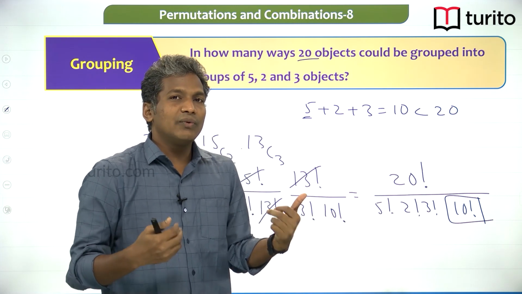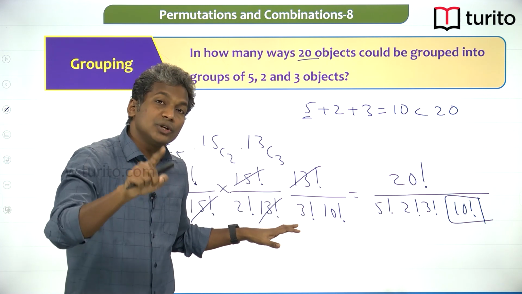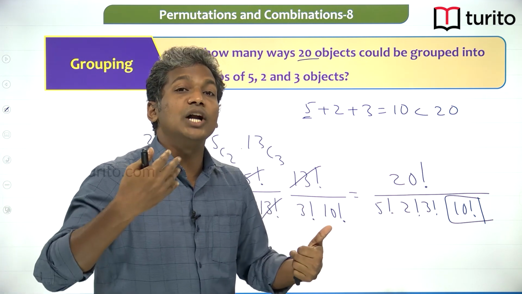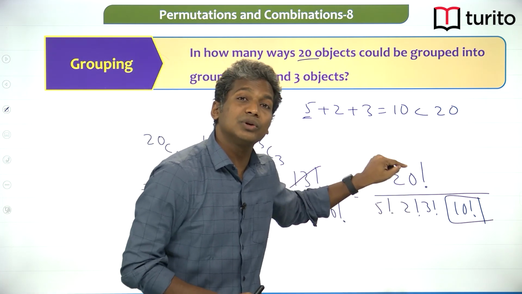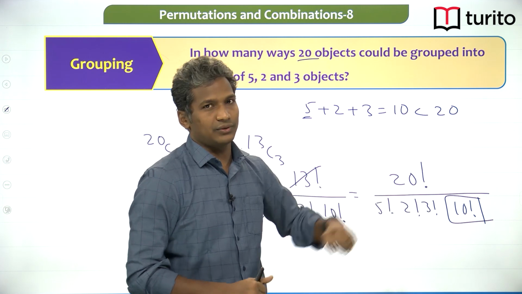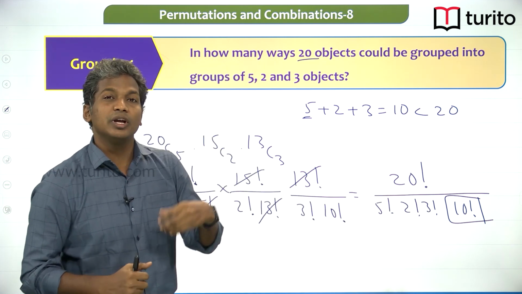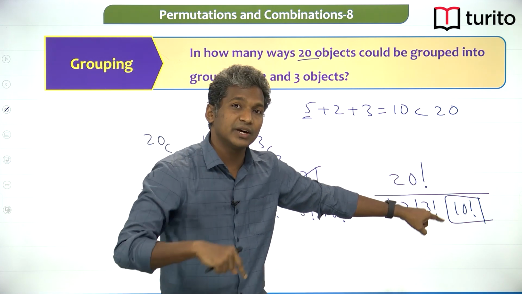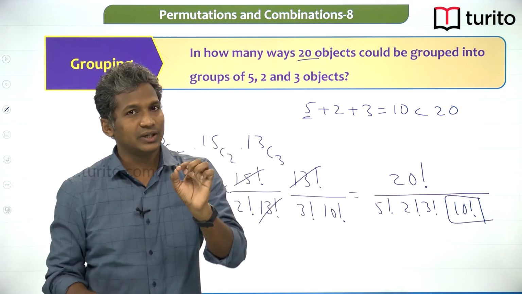Okay. So when you are applying the formula directly, you have to also understand that there could be another group which you are unknowingly forming. So you have to remember that and you have to counter it using that 10 factorial. So if you are going by the formula, you have to make sure that there is an explanation for that extra factorial, and you have to make sure that you put it when you are calculating.